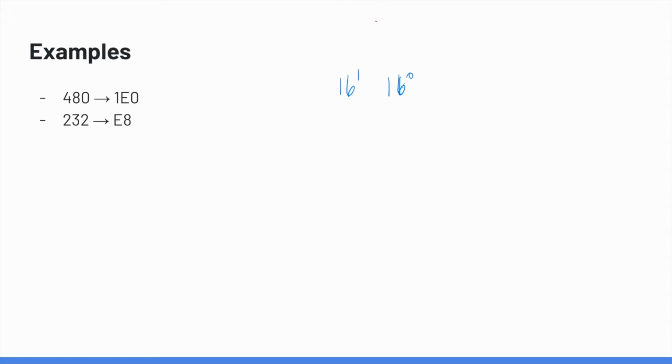And so for 16 to the power of 1, we know that 15 times 16 equals 240, and 14 times 16, or E times 16 to the power of 1, equals 224. And 224 does go into 232.